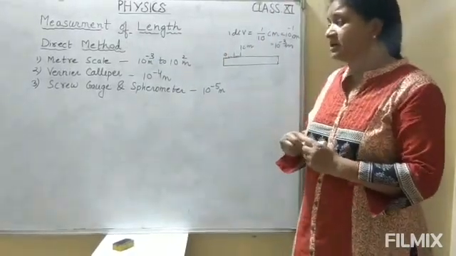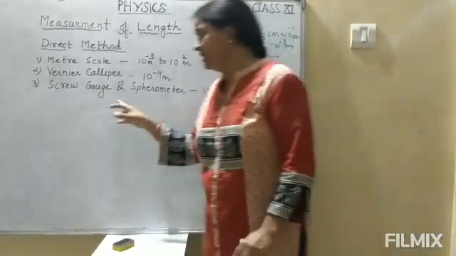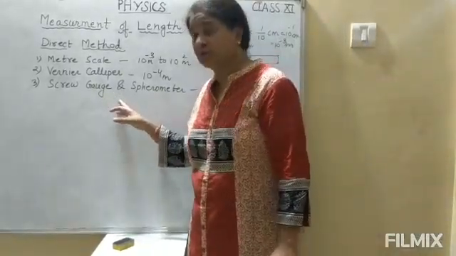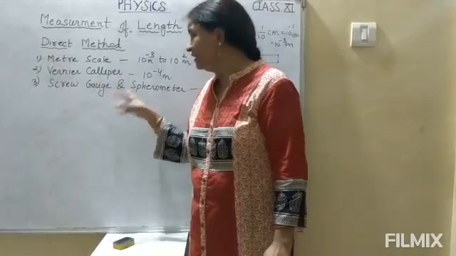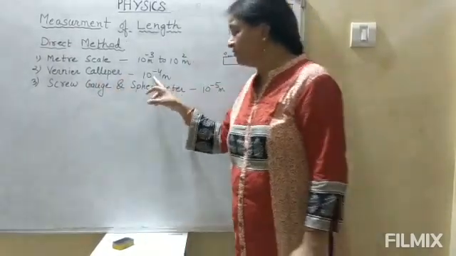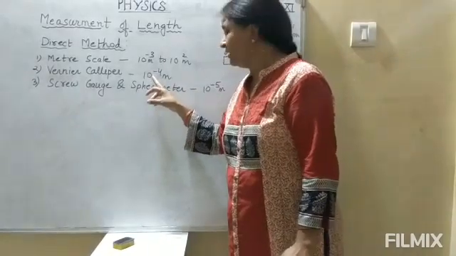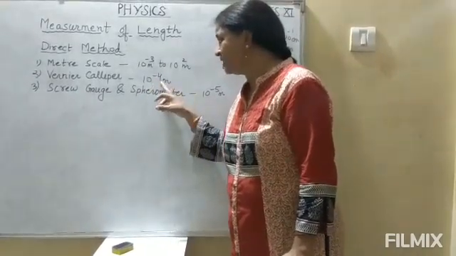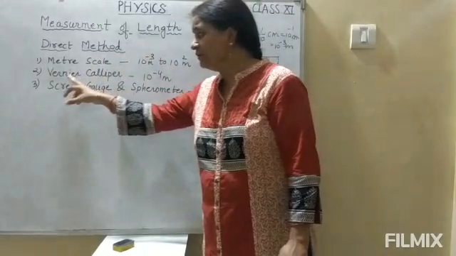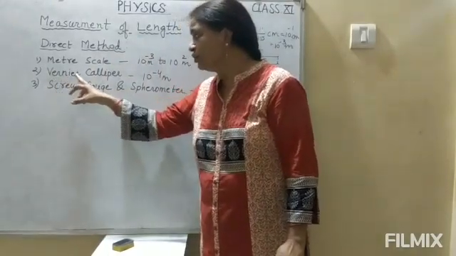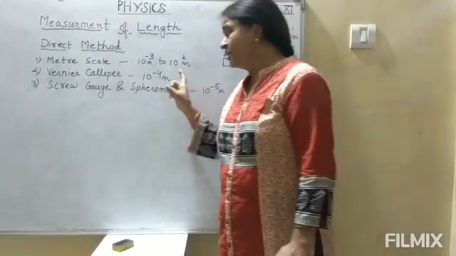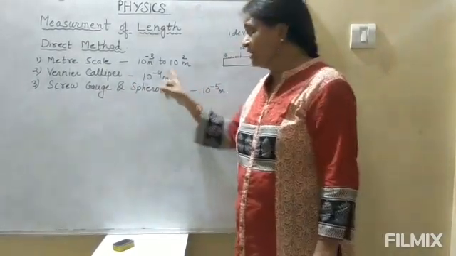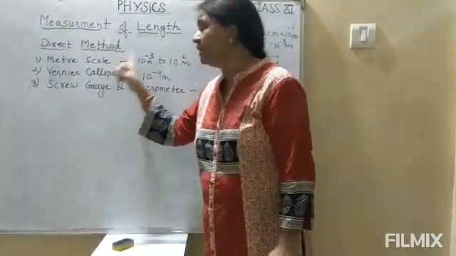My dear students, in 11th standard, when you come to school, there are experiments for measuring length up to a very small value, 10 raised to power minus 4 meter, and the name of that instrument is the vernier caliper. This is the instrument. It is better than the meter scale because of its least count. Least count is the least value that an instrument can measure.